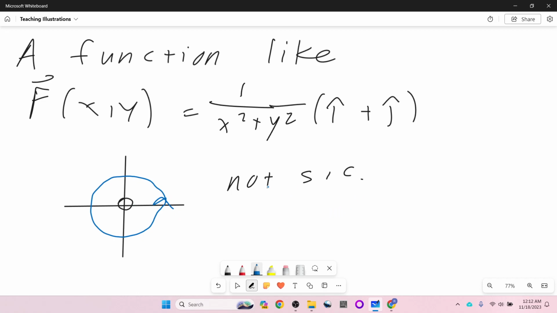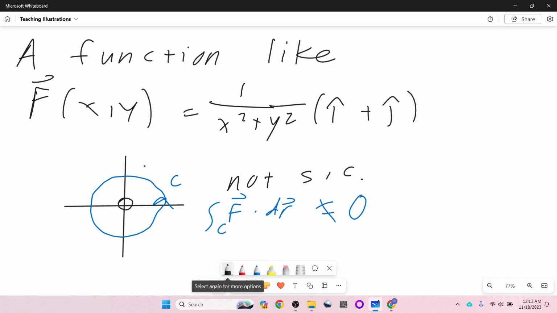Since it's not conservative, if this is c, the integral of f dot dr, we said before that on a conservative field, every closed path integral should come out to 0. This one is probably not 0. It is interesting to me how just having this one little hole in the middle throws off everything. If only this didn't have this hole in here, then this integral would automatically be 0.